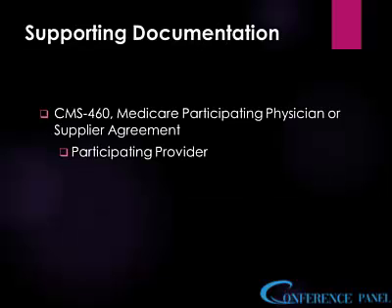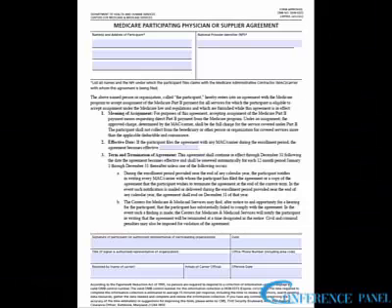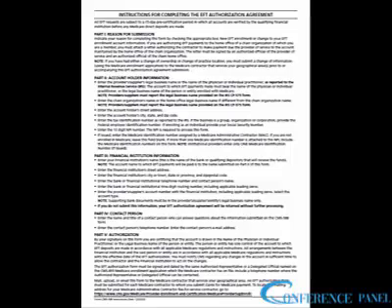So one of the required supporting documents is the Form 460. So it looks like this, the Medicare Participating Physician or Supplier Agreement. Very important. Patients have a lot of questions as to how that all works, so it can be kind of a nightmare. So Form 460 you'll want to be aware of. The next form is the EFT Form 588.